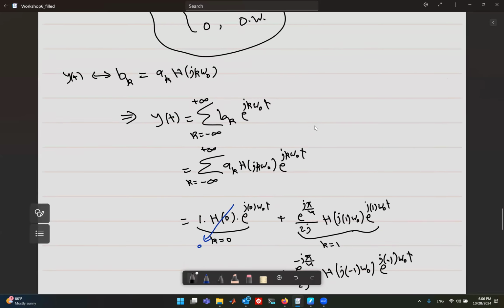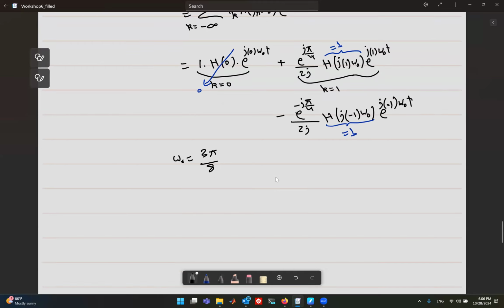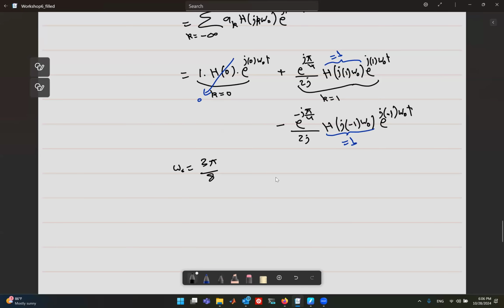So this term and this term will be 1. So we'll have this term is 0. This one is exponential j pi over 4 divided by 2j.